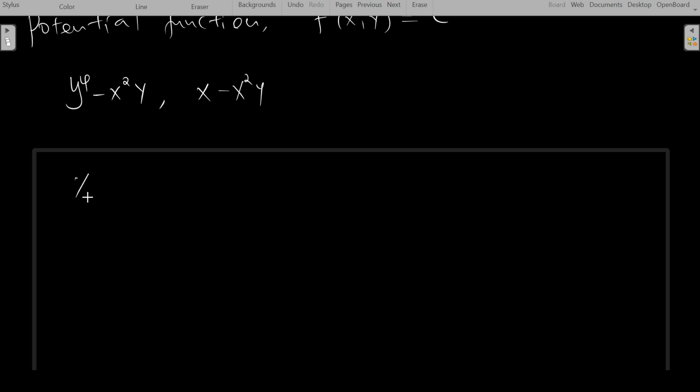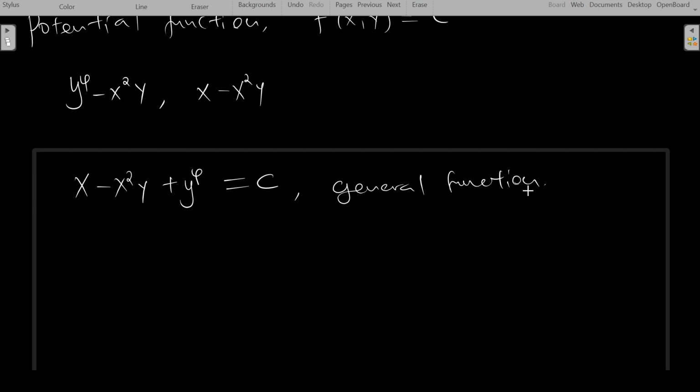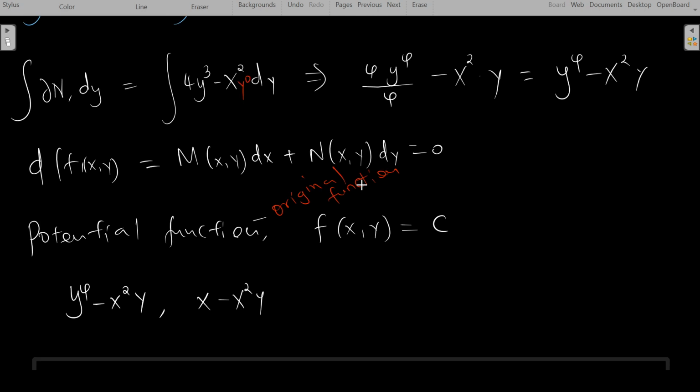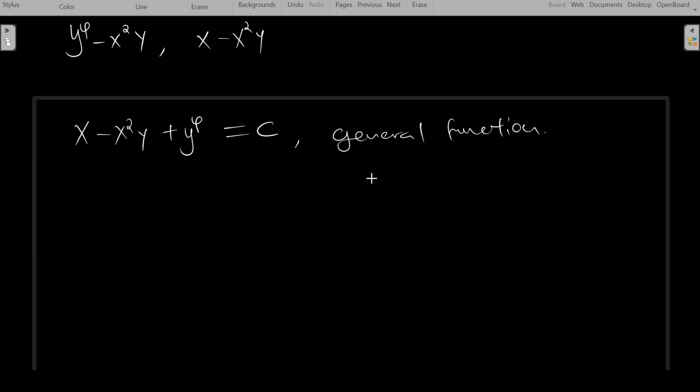So I'm saying x minus x squared y, then I'll add y to the fourth. Since x squared y has repeated itself, we shouldn't write it again, and then I'll put that equal to c. This is my general solution. If you have an initial condition that satisfies this equation, you put it in and get your particular function.